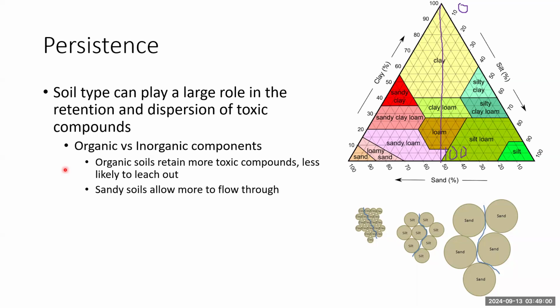They'll also have lots of non-polar regions, interacting with the non-polar kinds of compounds that we've been talking about. The greater the organic component of the soil, the more of these kinds of compounds will be retained. So when you mix organic material with clay, you get a really high retention rate of those particular compounds.